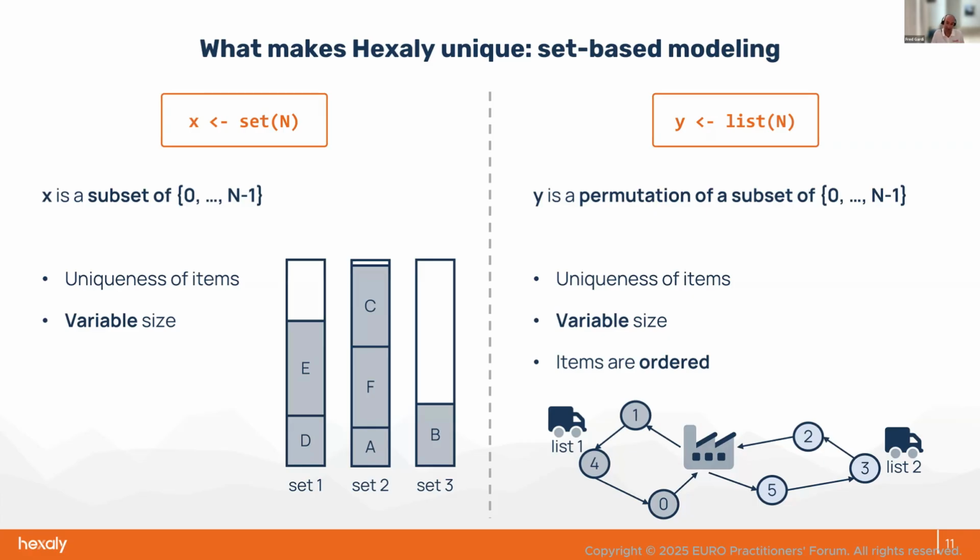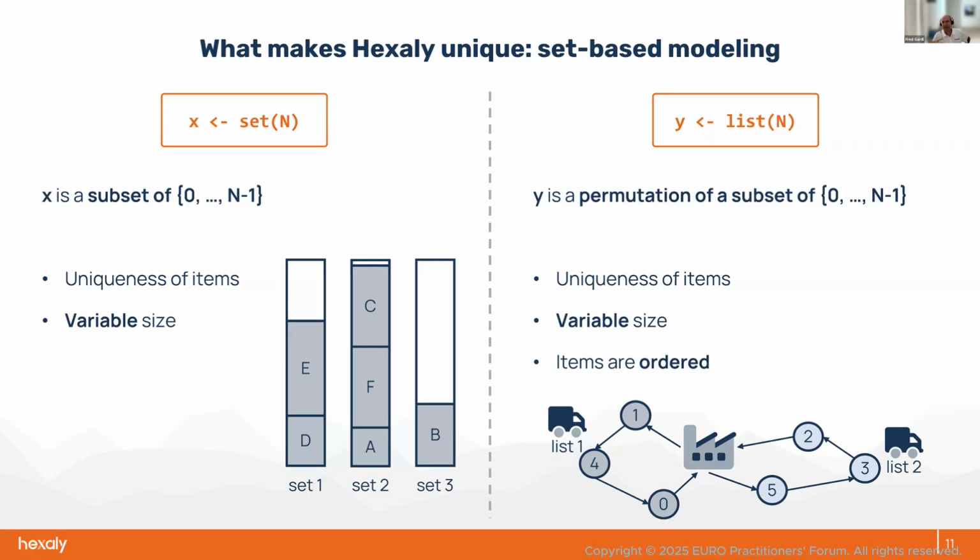So it can be empty, it can be 0, it can be 1, it can be 1, 0, or 0, 1. It's two different lists for Hexaly. Again, uniqueness of the items inside the list, variable size, and here's items order. So this is a definition of what is a set variable, what is a list variable.